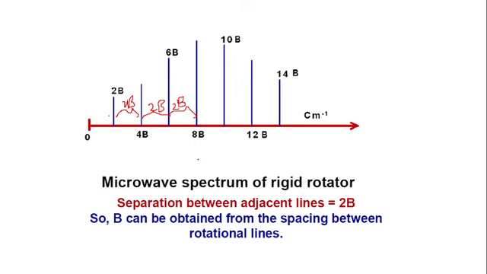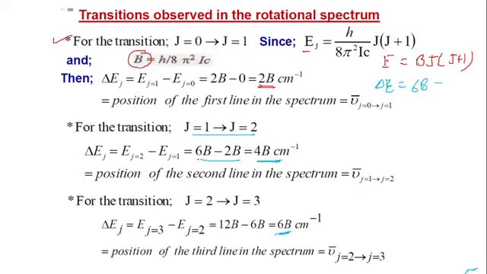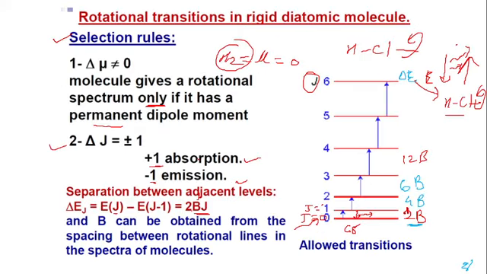This is about rotational spectra. Here this is the rotational transition of the diatomic molecule. This is the rotational transition state, J equal to 0. Whenever we move from level 0 to 1, the energy required is 2b. Whenever we move from 1 to 2, the energy required is 4b. Their energy is going to increase.